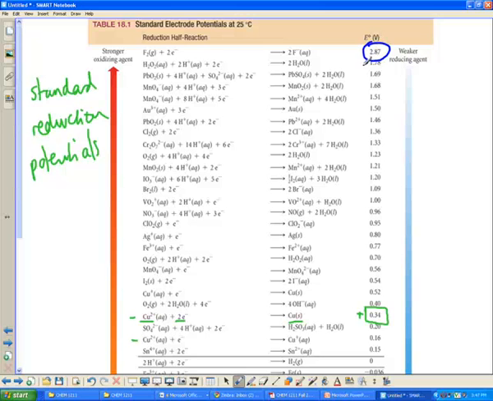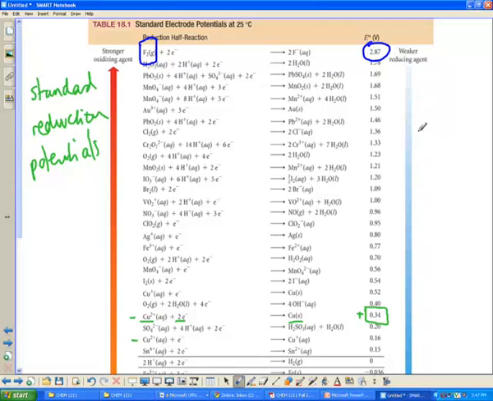In other words, the best oxidizing agent in this whole table is, well, what would you guys think? Which would be the best oxidizing agent? Well, the best oxidizing agent is the one that gets reduced the easiest, which in this case is F2.